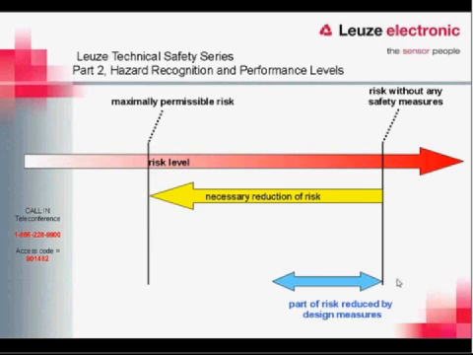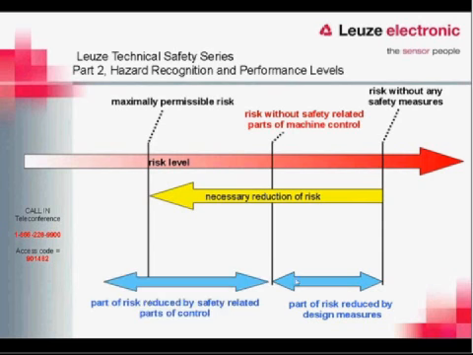We have our part that we can design out of the machine, and then the residual amount needs to be safeguarded with either barriers, AOPDs, light curtains, things of that nature.